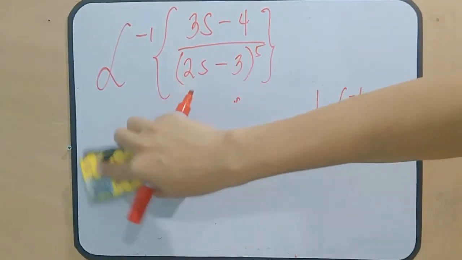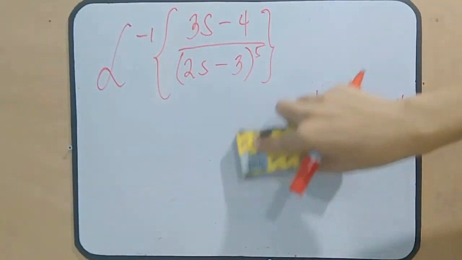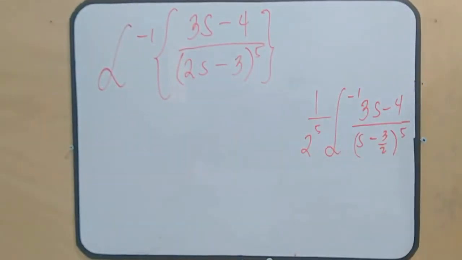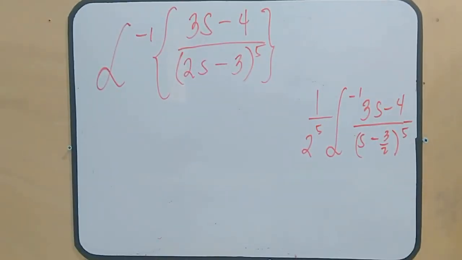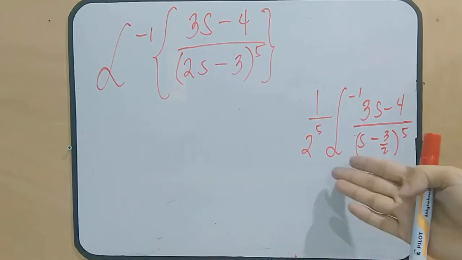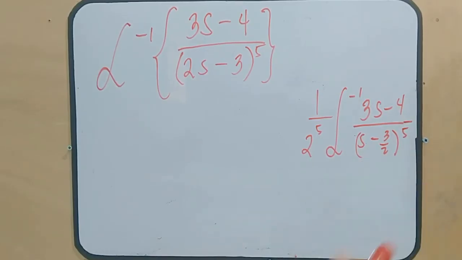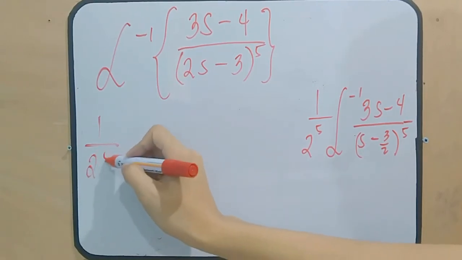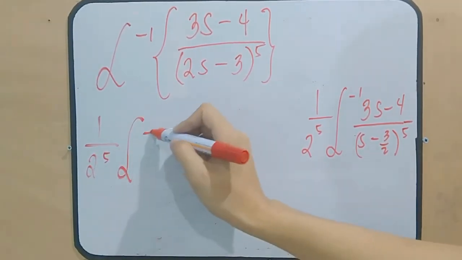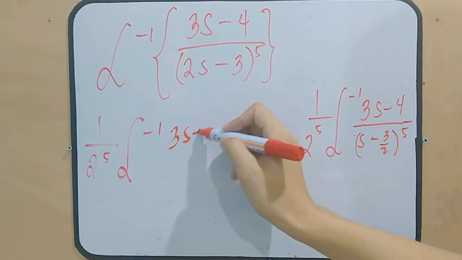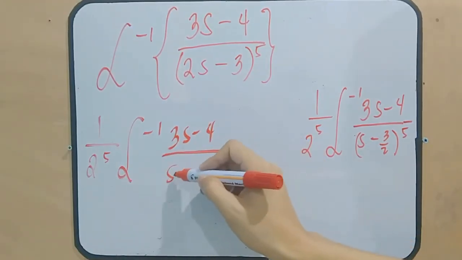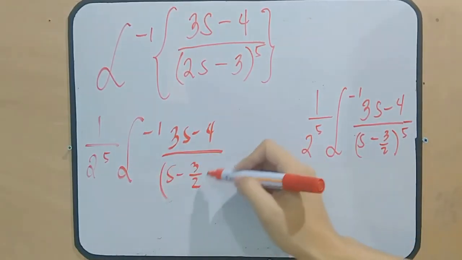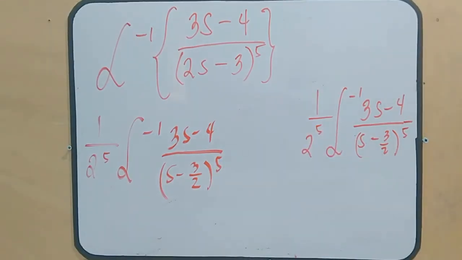That's how you simplify, guys. We need the foundation in algebra. If you are not yet familiar with algebra, you should go back to our previous discussions. So this is the simplified form: 1 all over 2 raised to 5, inverse Laplace transform of 3s minus 4 all over s minus 3 halves raised to 5.